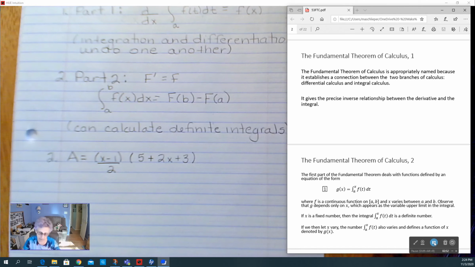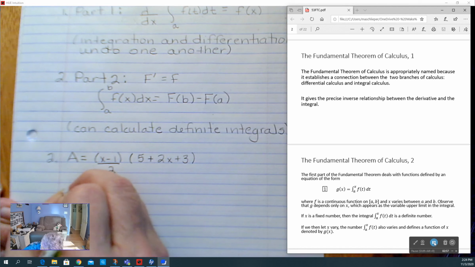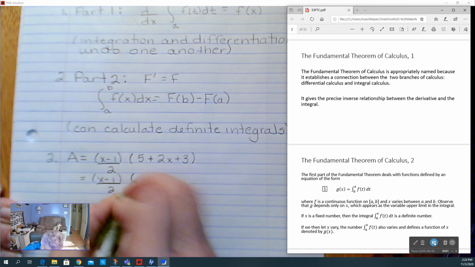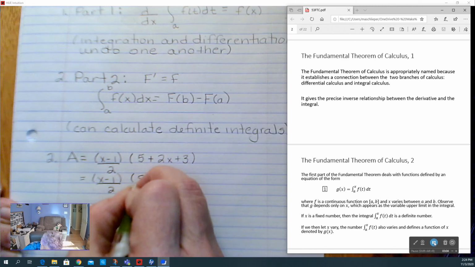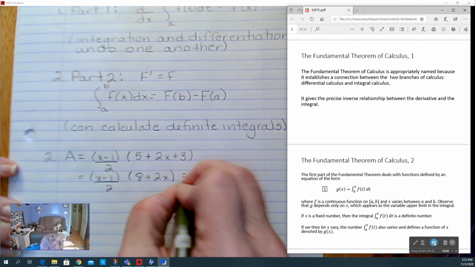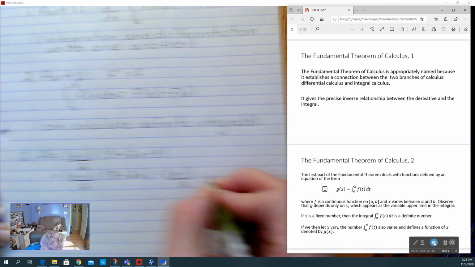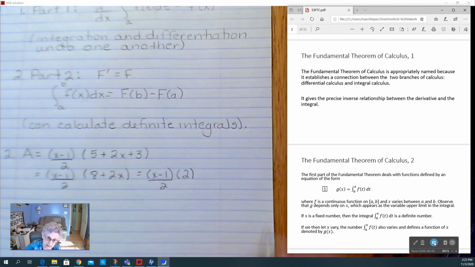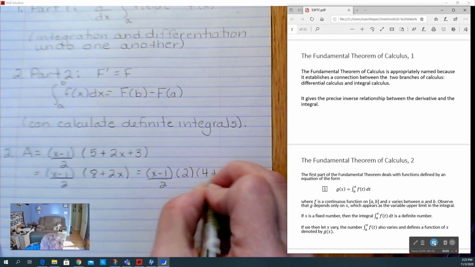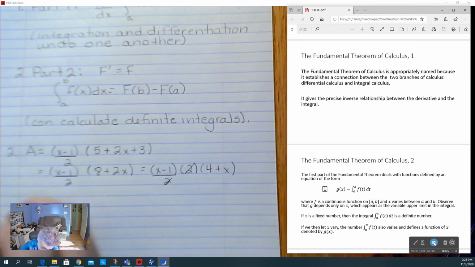Hopefully you did this already, but I'm going to go through it anyway. So I'm going to combine like terms. I still have x minus 1 over 2. I have 5 plus 3, which is 8, plus 2x, which is x minus 1 over 2. I'm going to factor a 2 out of that second binomial there, and I'll have 4 plus x. That way I can cancel and not have a fraction.